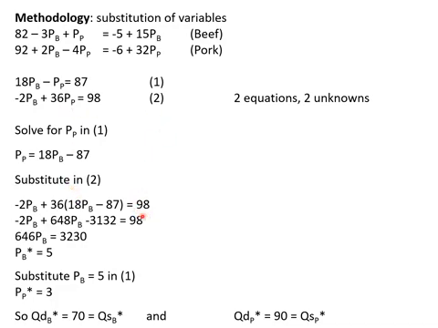All right, and then it's a bit of calculation, and we can calculate the equilibrium value for PB is 5. And then what we need to do is take this value and substitute it back into equation 1, and we can solve for PP, which will give us 3.